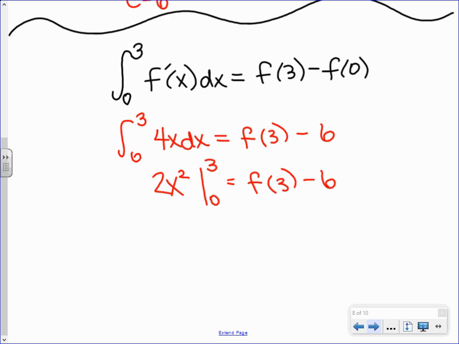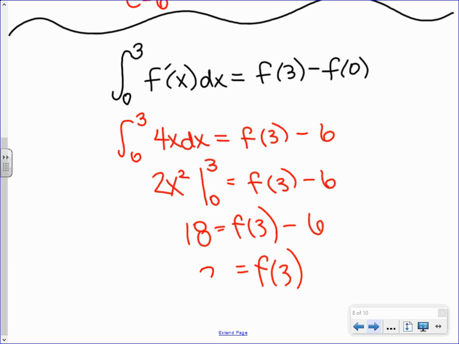Well, 2x squared evaluated from 0 to 3 would give us 18. Add that 6 over, f of 3 is 24.